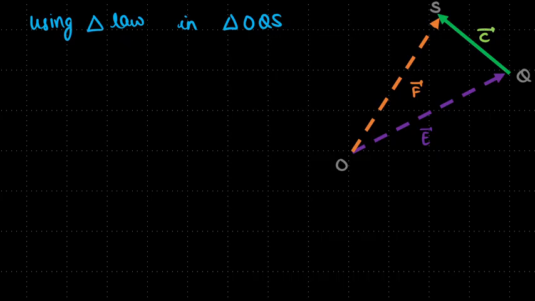So that's why we are using the triangle law again. This vector E and vector C are in order, whereas vector F is in opposite order, which means vector F must be vector E plus vector C, and this will be our equation 2.